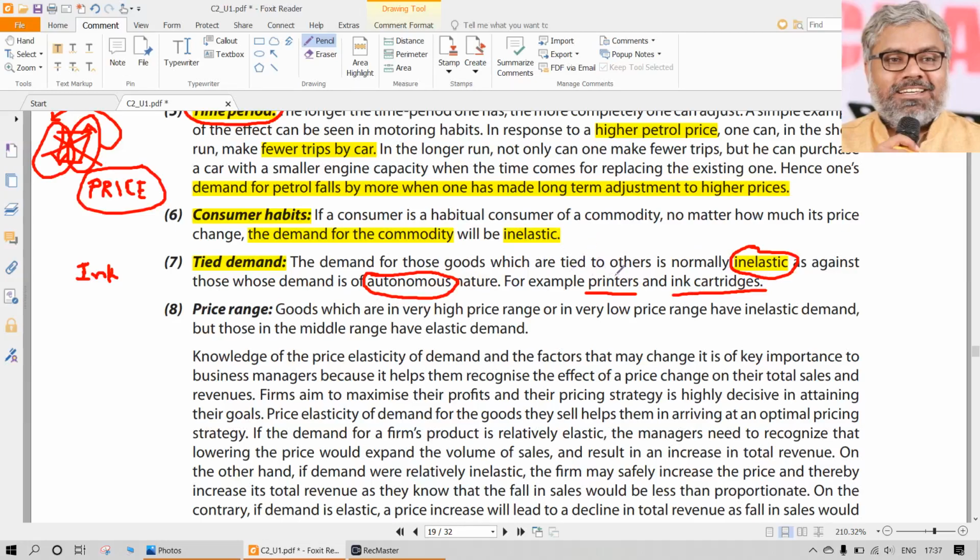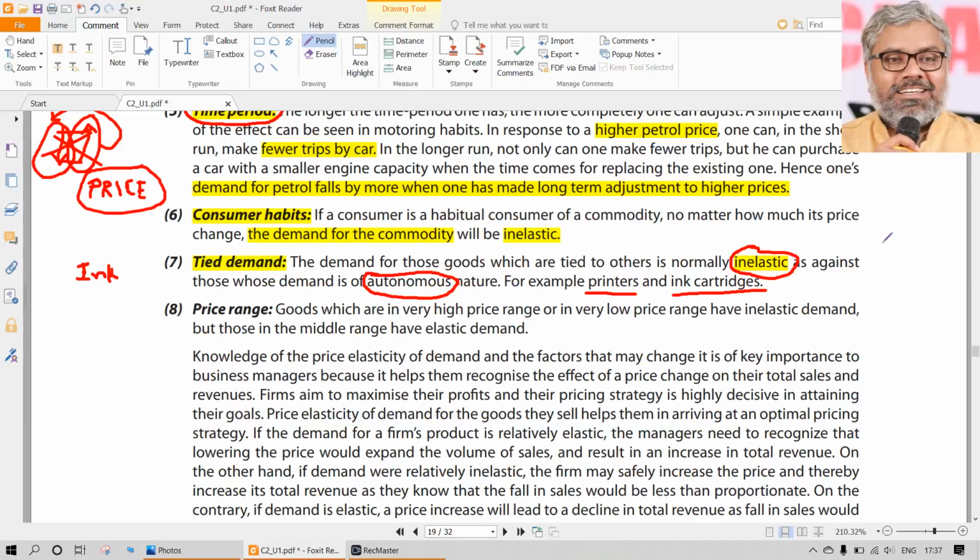That's actually a strange thing if you observe logically. Take printers and ink cartridges as an example, or the All Out machine that you use and the All Out liquid. The All Out machine is some electronic product, right? Along with the liquid, if at all you get it for say 150 rupees, the All Out liquid itself will be say 80-90 rupees.